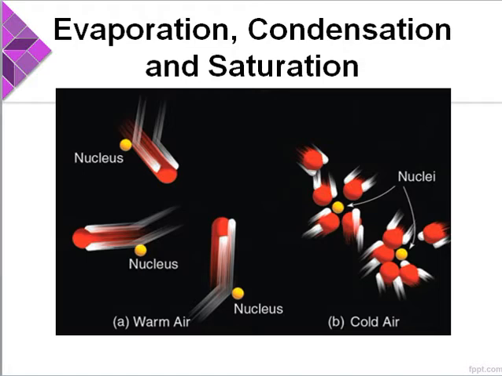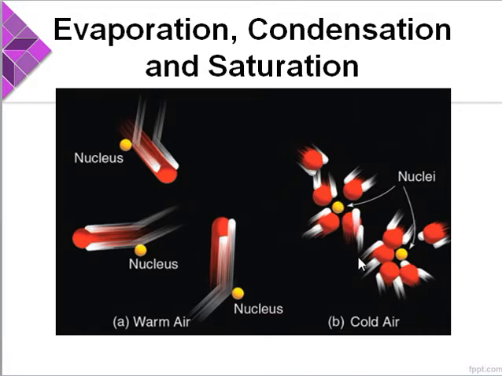However, if the air is chilled with cool air, the molecules move more slowly and are more apt to stick and condense to the nuclei. When many billions of these water vapor molecules condense into the nuclei, tiny liquid droplets will form.